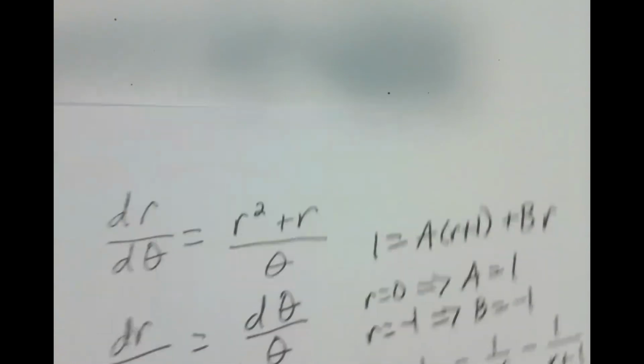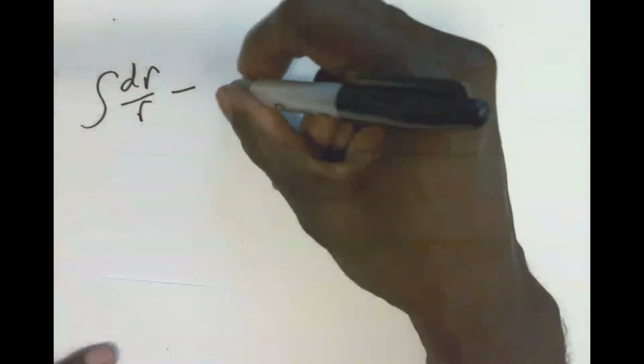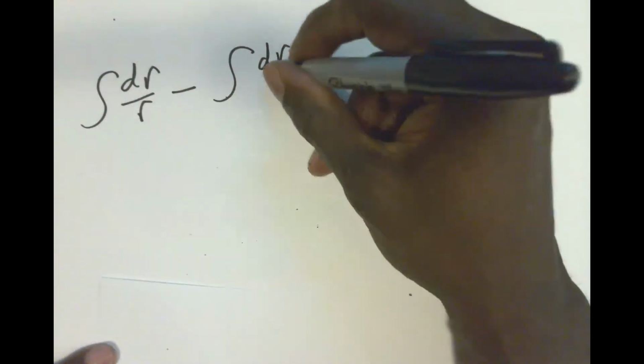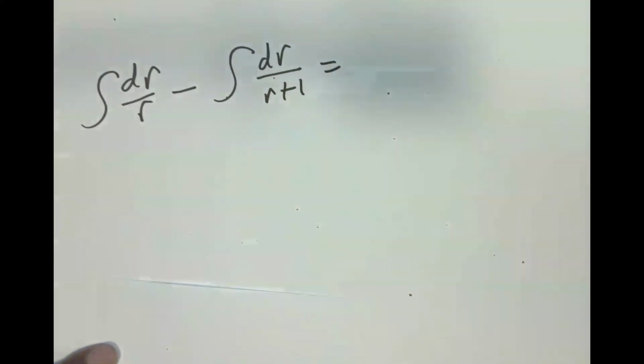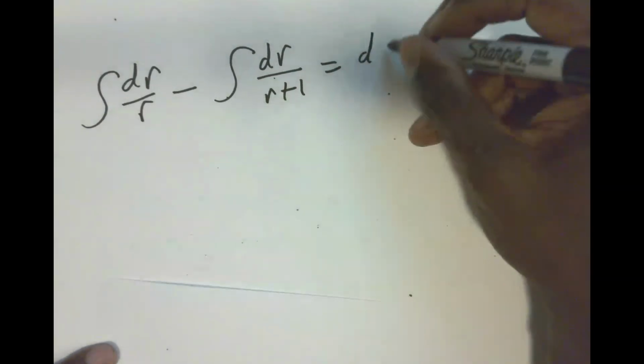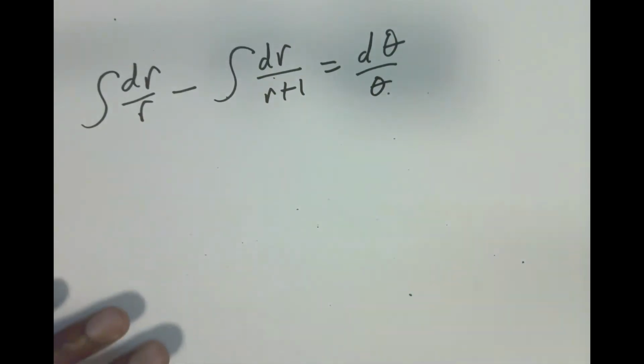So let me write what I was referring to. This is going to be the integral of dr over r minus the integral of dr over r plus 1, and that's going to equal d theta over theta, and I'm integrating that as well.